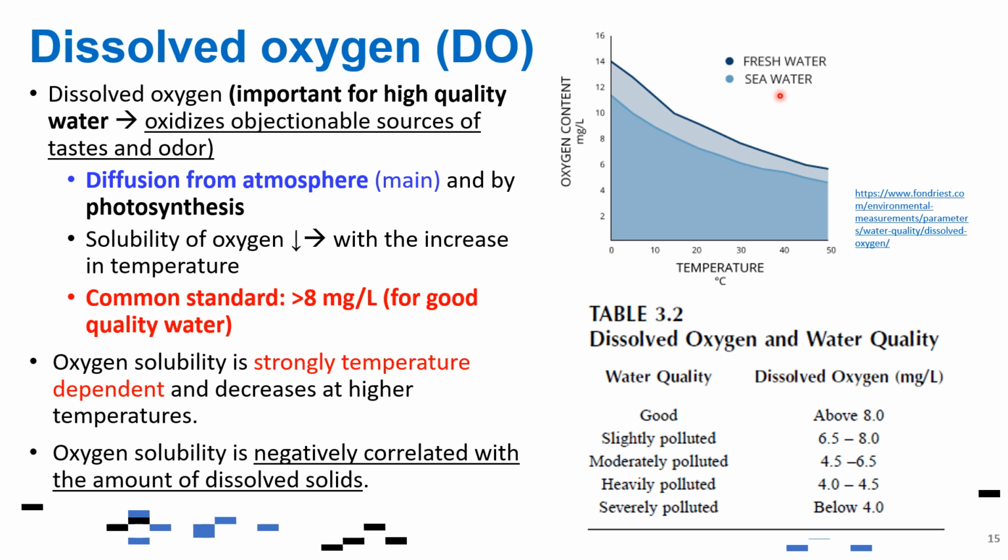And then for the oxygen level in community water supply, the higher is better. But if it's too high, it helps speed up corrosion in water pipes. So that's why industries usually try to control the amount of oxygen in their water supply so that they will not lead into corrosion problems. So overall, dissolved oxygen is one of the very important parameters to consider in water quality assessment.